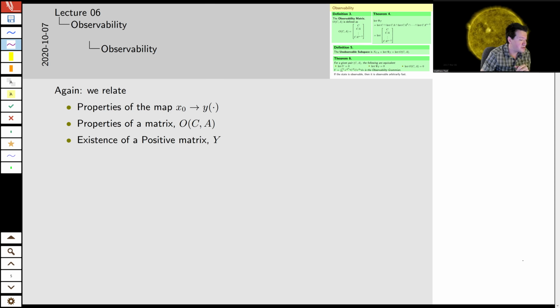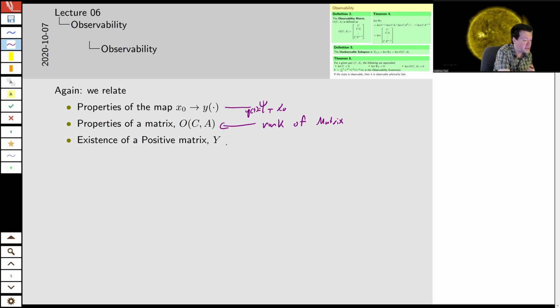So again, here what we've done is we've taken the properties of the solution map, which is psi t x naught, the output produced by that, and that's a property of the system. We've related it to some property, the particular kernel, the rank of this matrix.